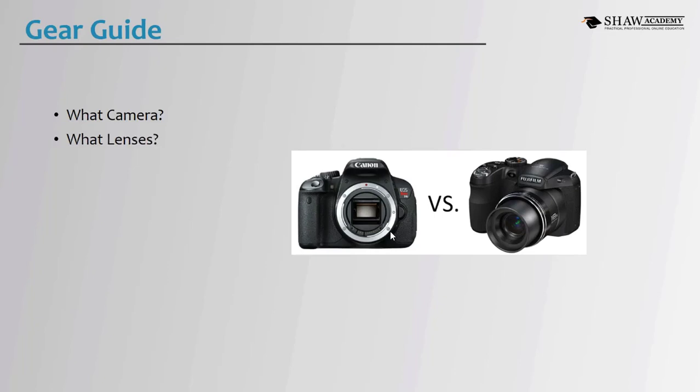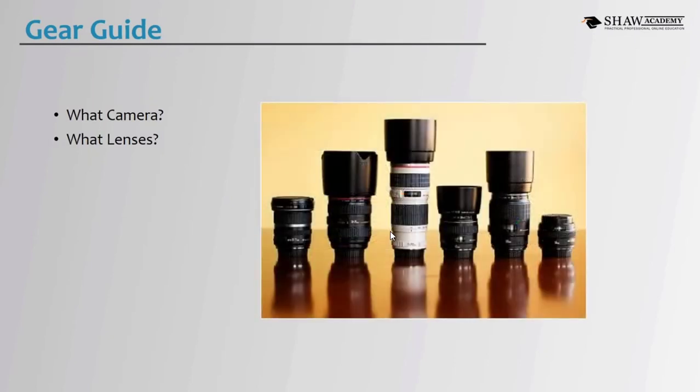Next to consider is what lenses. Like I said, you really don't want to be changing your lenses or your cameras every 2 minutes. So for that reason, I personally love to have a good quality lens with a good range of focal lengths. I think that's absolutely ideal. Something like a 24mm to 70mm zoom lens is absolutely fantastic.